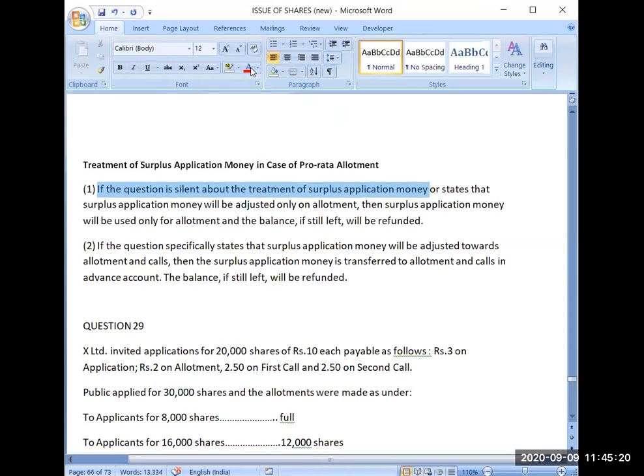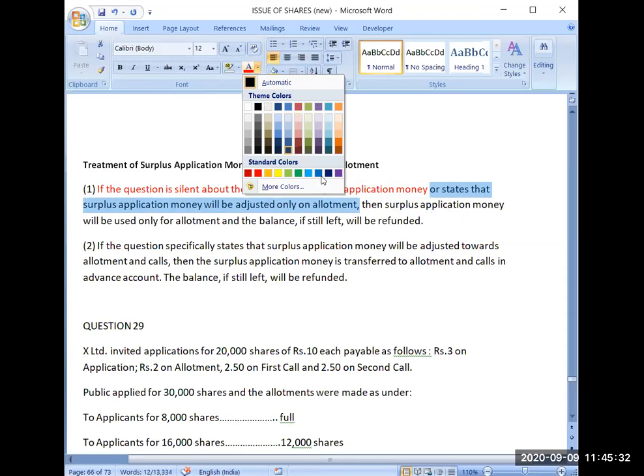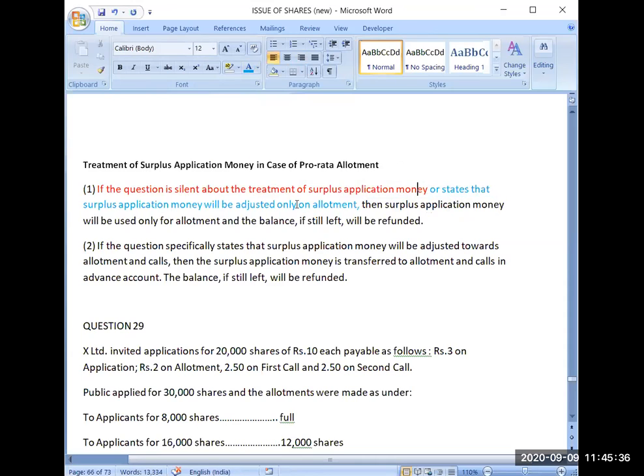These are very important rules for all the numericals further. This is one part. Or states only on allotment. And this word only is very important.